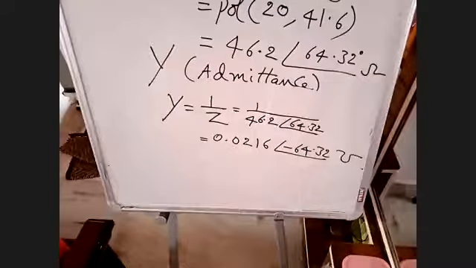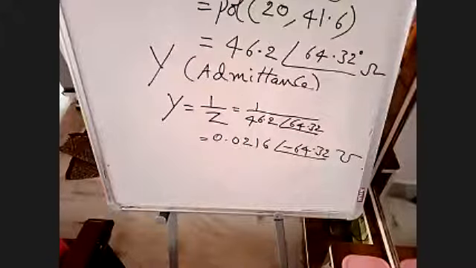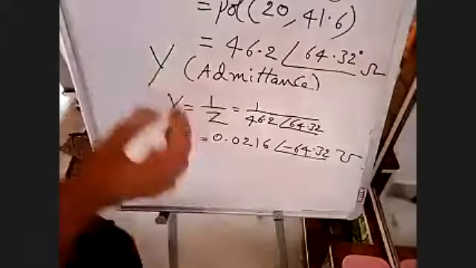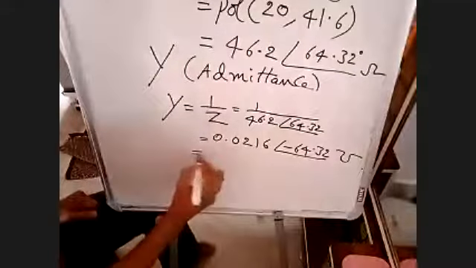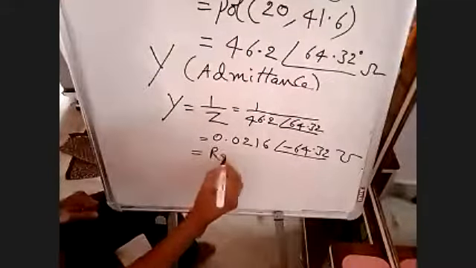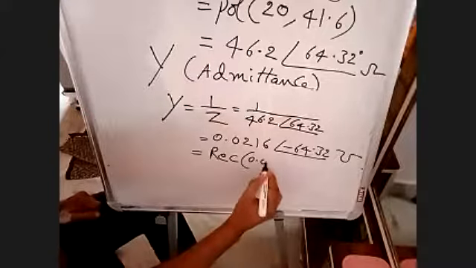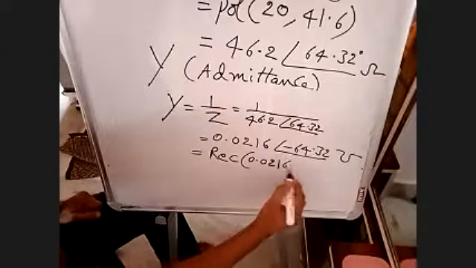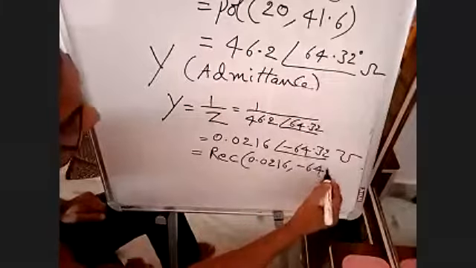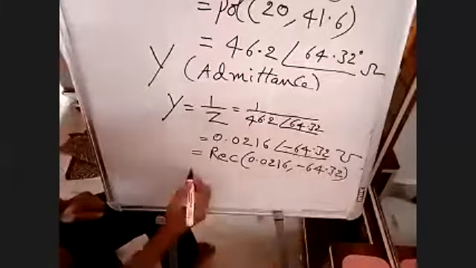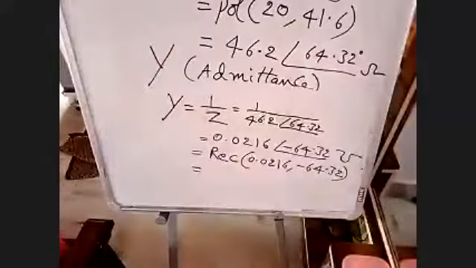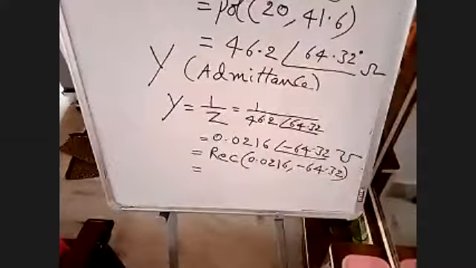In the exam, they may ask you to write the answer Y in Cartesian form or rectangular form. Now I want to convert this polar form to rectangular form. In your calculator, we have Shift REC.